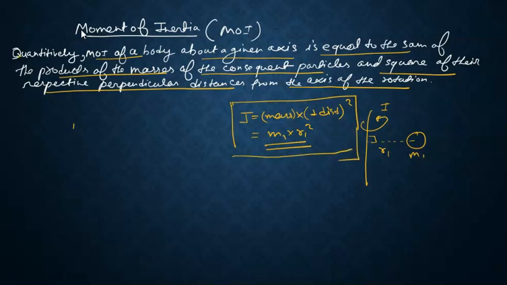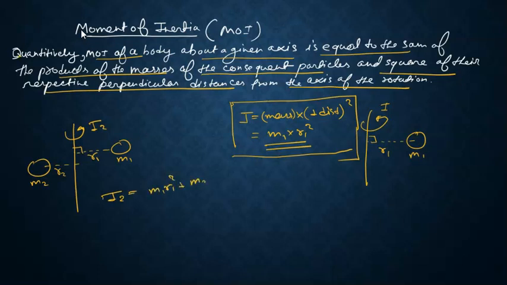In case of multiple particles, let's say a particle m1 at a perpendicular distance of r1 and a particle m2 at a perpendicular distance of r2, and let's say the moment of inertia about this axis is I, then I equals simply m1 r1 square plus m2 r2 square. This is as simple as this.